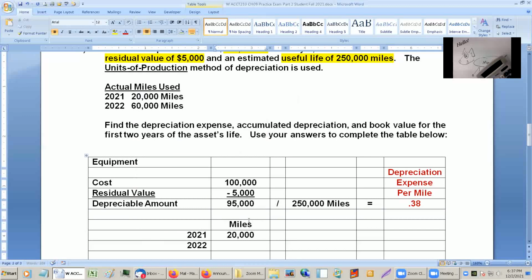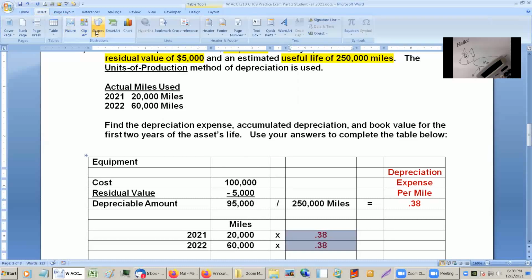There we go. So miles, 20,000 for 2021 and 60,000 for 2022. And you can kind of see that they're used for different amounts each year, right? If they're used pretty much the same amount, you can go ahead and use a straight line.